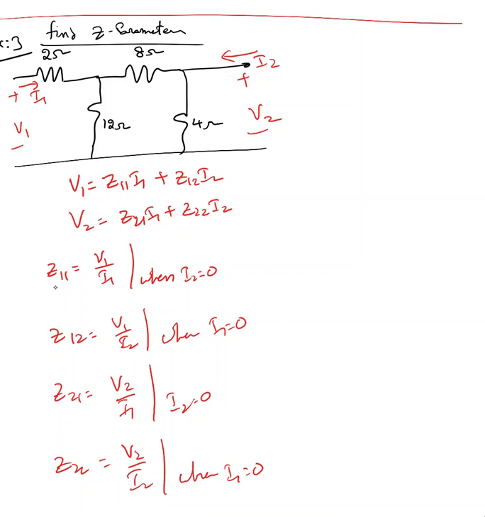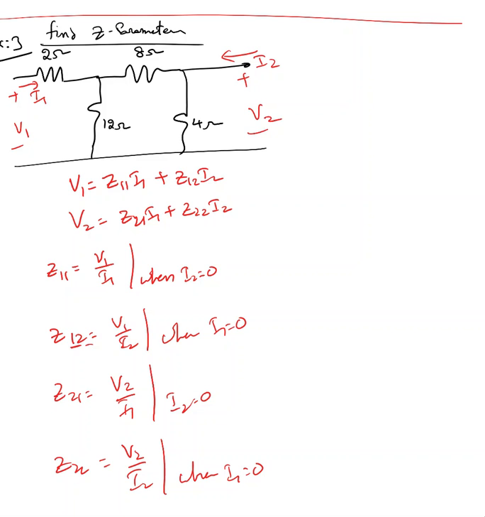So Z impedance is nothing but V over I. The first letter indicates the numerator, the second letter is the denominator, and you can find that. So here Z11 is the input impedance, and Z12 is the open circuit transfer impedance from port 1 to port 2.